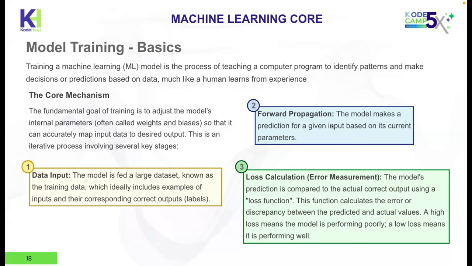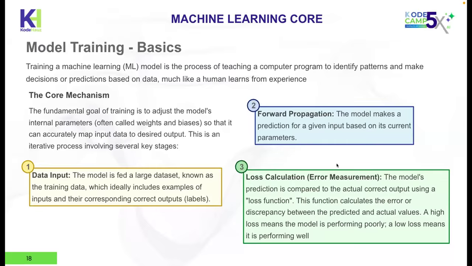The loss function calculates the discrepancy between the predicted and actual values. If you have a high loss, that means you have a high error, which means the model is performing poorly, so it's not giving you anything very close to what you want. If you have a low loss, it means the model is performing well because it's very close to what you want. The loss is basically a measure of the difference between what you want and what the model is giving you.